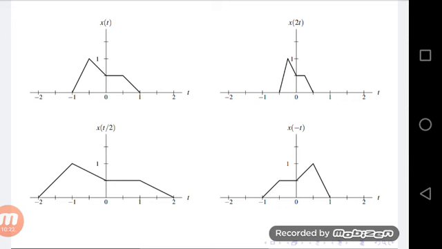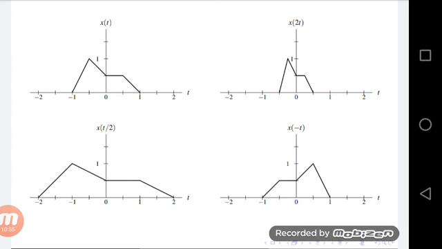For x of t, the signal lies between plus 1 and minus 1. For x of minus 2t, the signal lies between 0.5 and minus 0.5. For x of t by 2, the signal lies between 2 and minus 2. If the signal is x of minus t, the signal is between plus 1 and minus 1 and the phase is reversed.